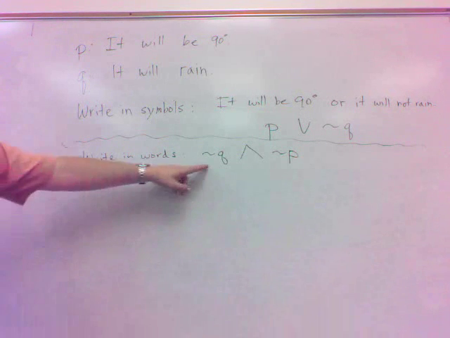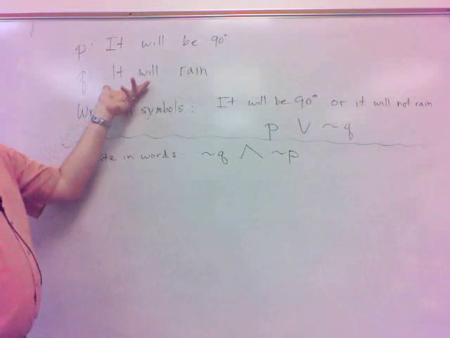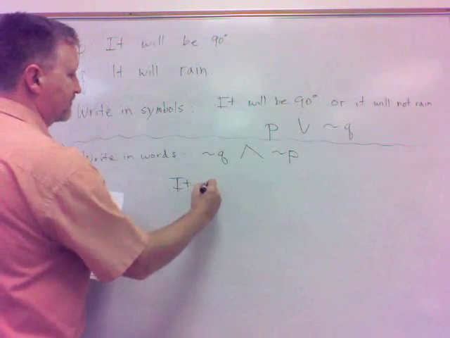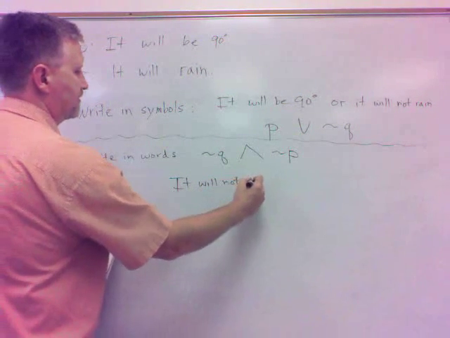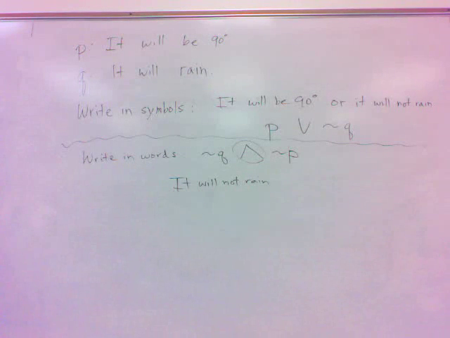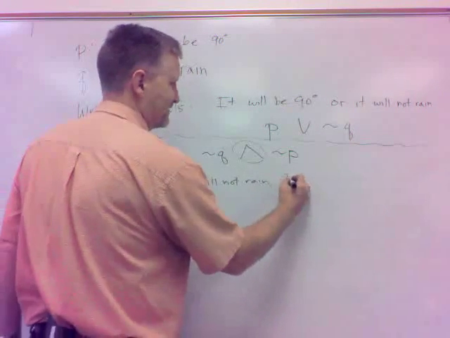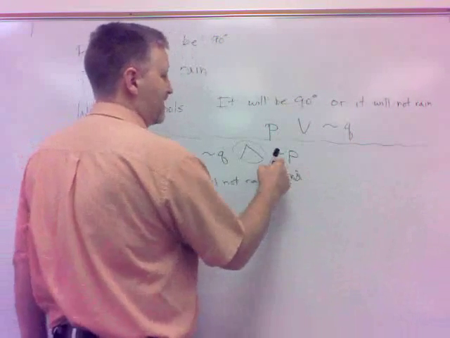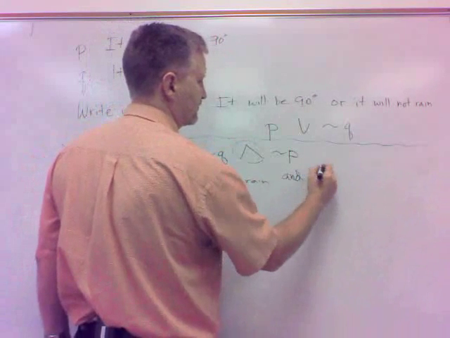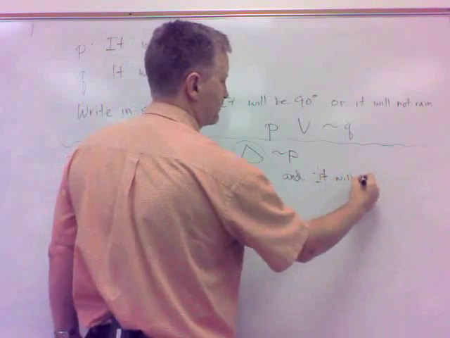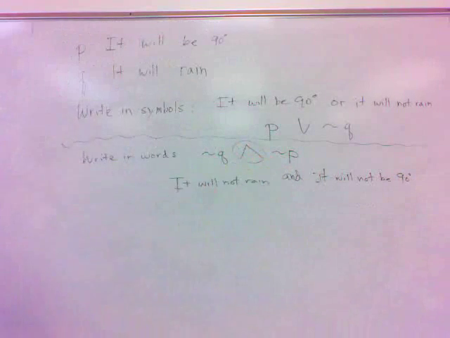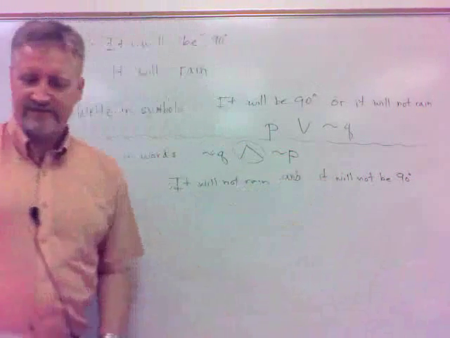Well, squiggly Q is the opposite, the negation of Q, so it will not rain. And then this symbol, well, that's the and. Like I said, it looks more like an A than the other. And not P is the negation of P, so it will not be 90. Okay? All right, so like I said, it's not anything difficult yet, but just so you know.